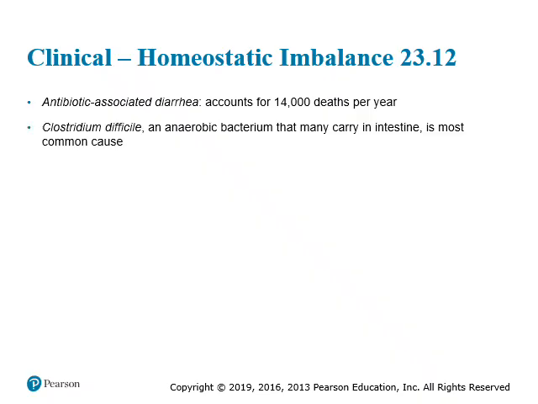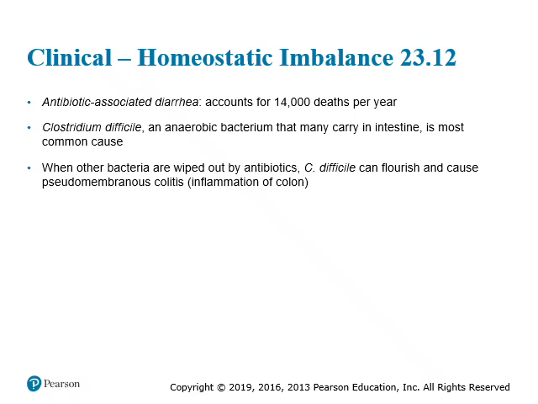This is brought about by a bacterium called Clostridium difficile. It is an anaerobic bacterium that is carried in the intestine. It's actually the most common source of antibiotic associated diarrhea.